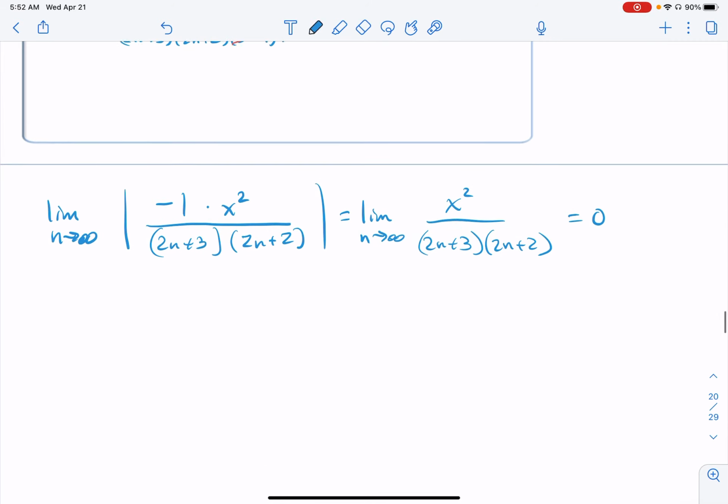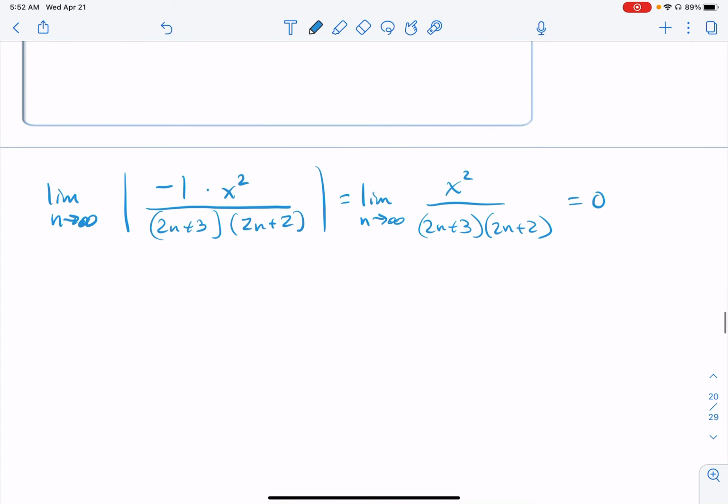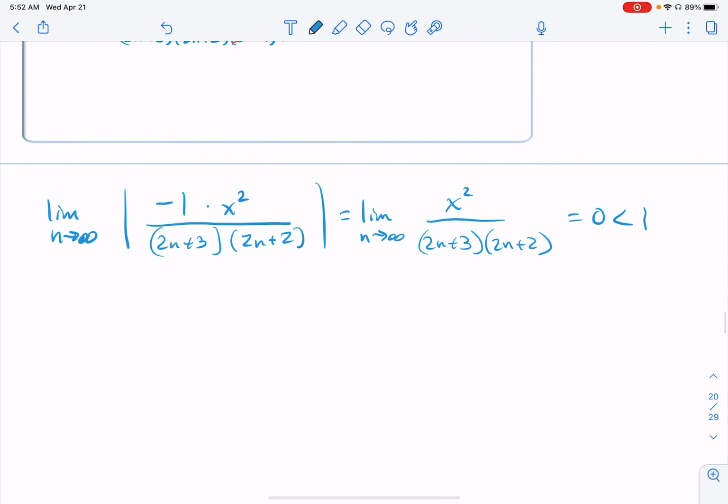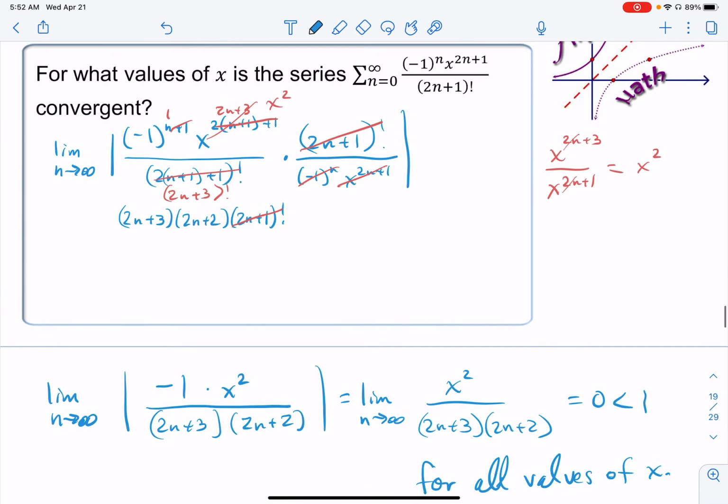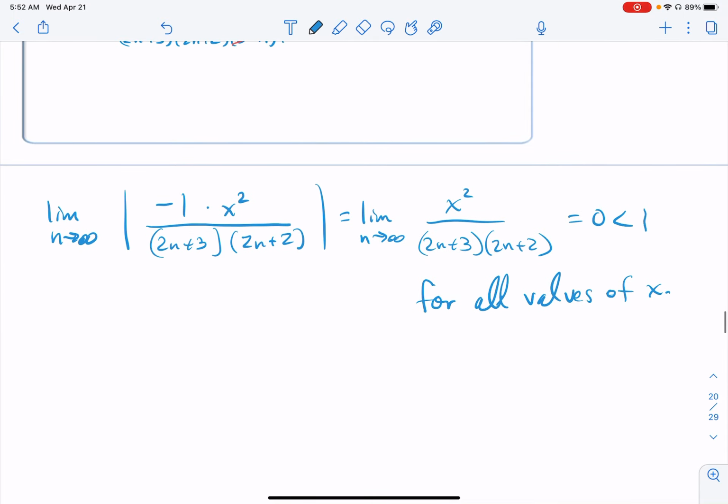All that to say that since 0 is less than 1, by the ratio test, this converges absolutely for all values of x. It converges everywhere, from negative infinity less than x less than positive infinity.